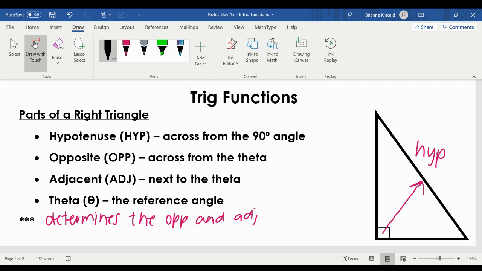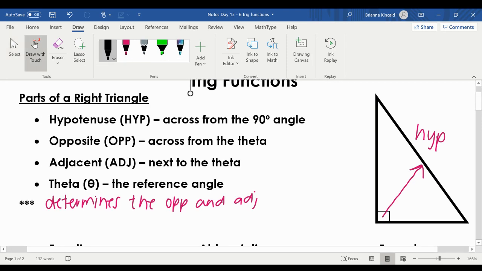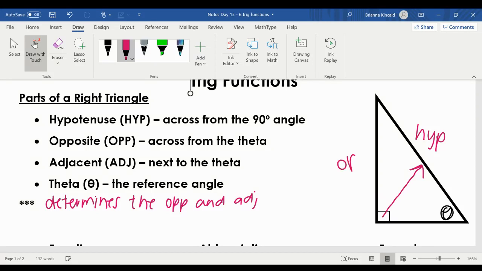Now, if I were to put theta in this corner down here, that means the opposite would be the side that's across from the theta, and the adjacent would be next to it. The 90-degree angle can never be your theta, so theta is always made up of the hypotenuse and the adjacent.